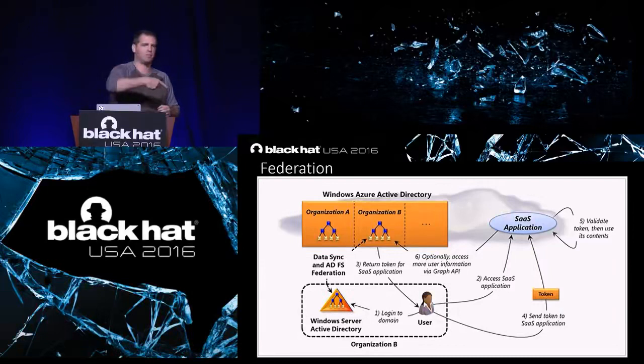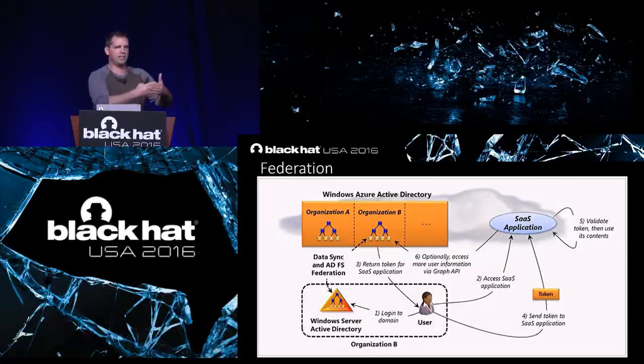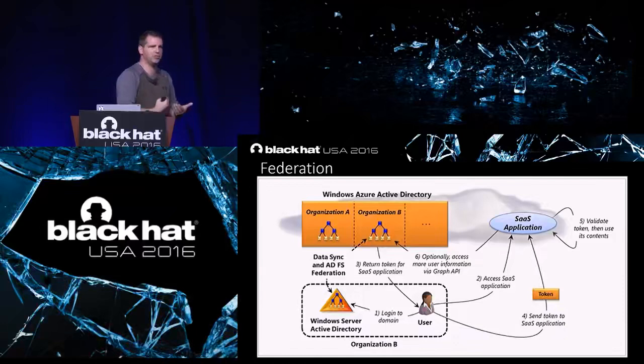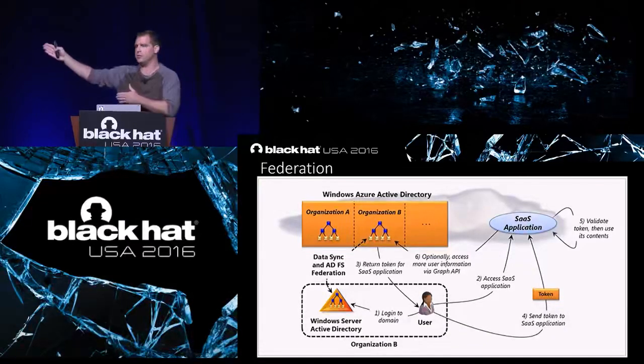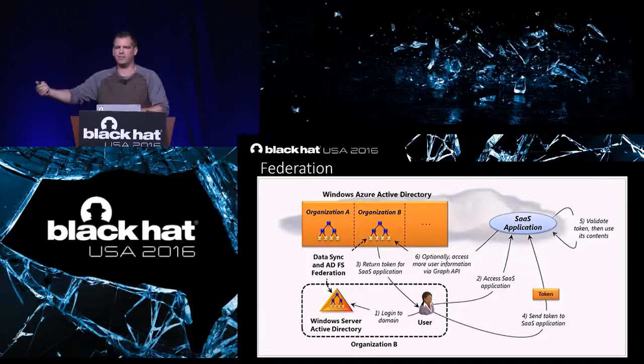They get bounced back from that web app to their federation server on their premises, which then identifies what that web app is, and creates a token, typically SAML, with some attributes that are useful for authenticating and identifying what access that user should have, or at least from its own organization. Then that user bounces back to that web app and provides that token, which is evaluated by that web app to authenticate and determine access.